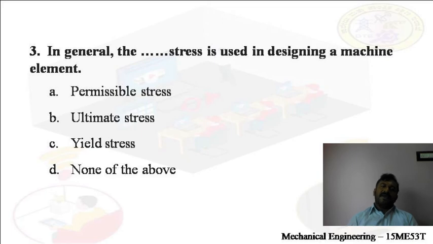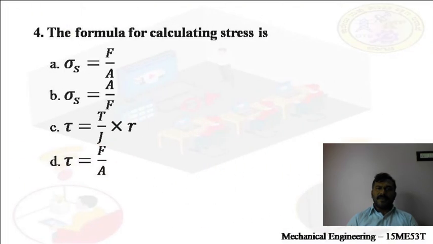Next, in general, the dash stress is used in designing a machine element. Permissible stress, ultimate stress, yield stress, none of the above. That means, in general, we will select one of these stresses for designing a machine element. Next one, the formula for calculating the stress.